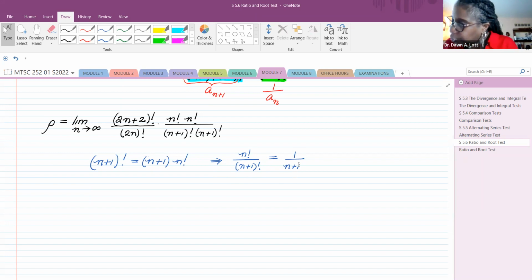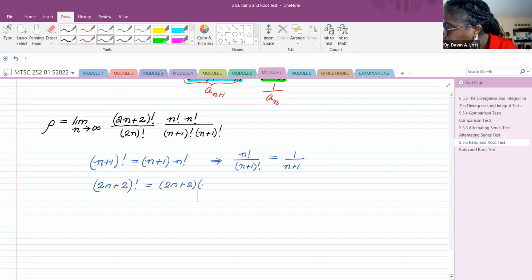Now, what happens with (2n plus 2) factorial? Well, we get 2n plus 2, then we're going to get 2n plus 1, that's 1 less, and then we're going to get 2n, and then 2n minus 1, and we're going to go all the way down to 3 times 2 times 1.